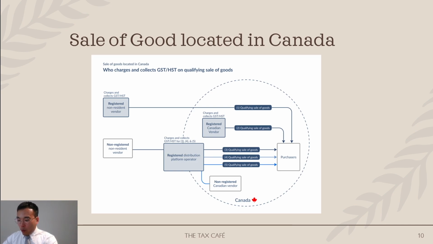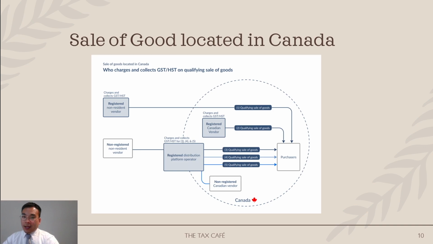What's important is that if you are an Amazon seller that has a GST, HST account, you are a registrant. In that case, the DPO, Amazon, will not be deemed to be the supplier in respect of the sales facilitated by the GST, HST registered third-party vendor.